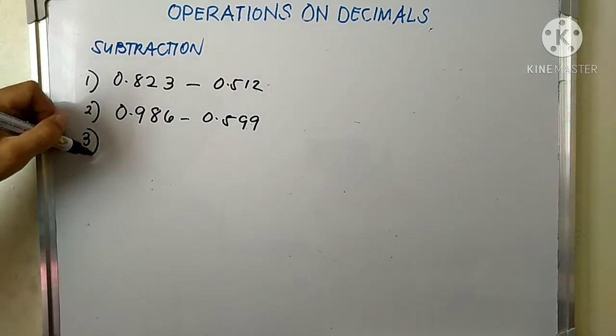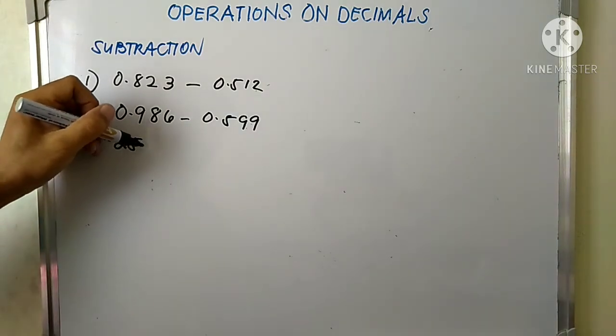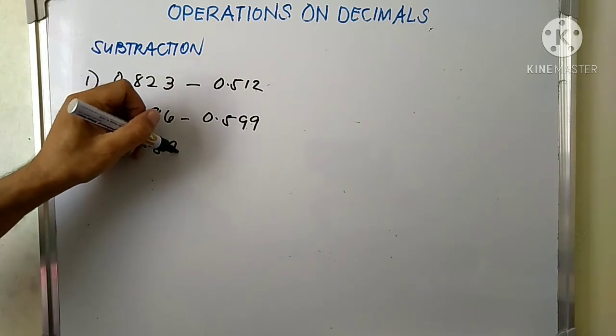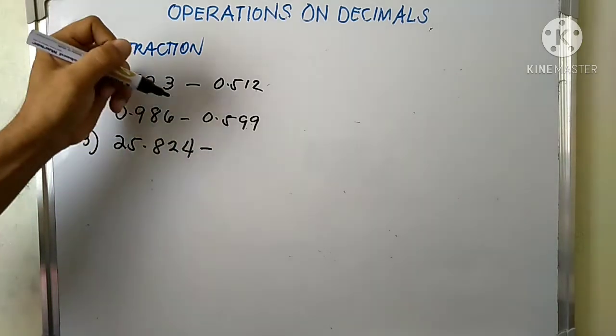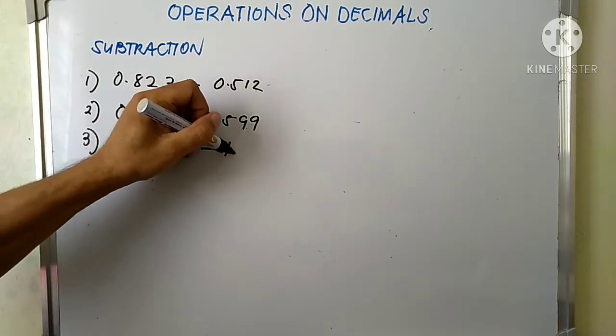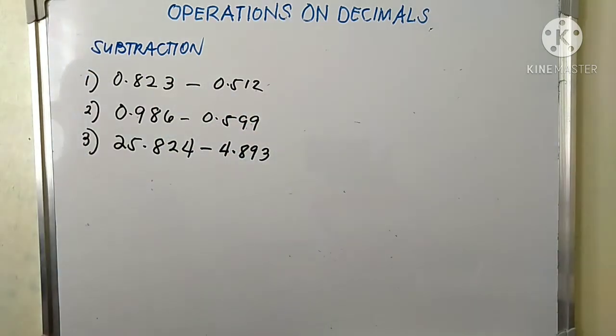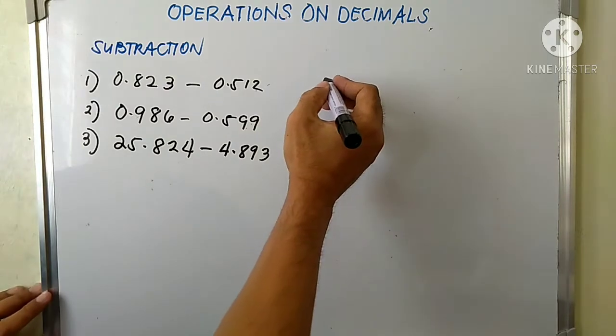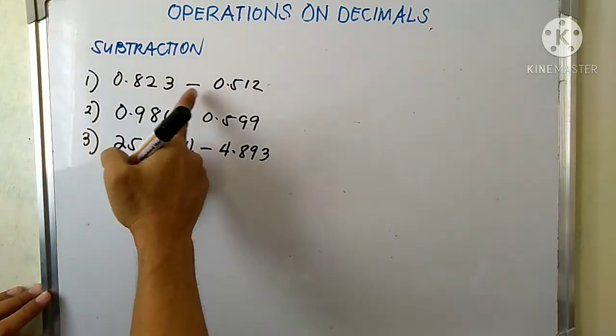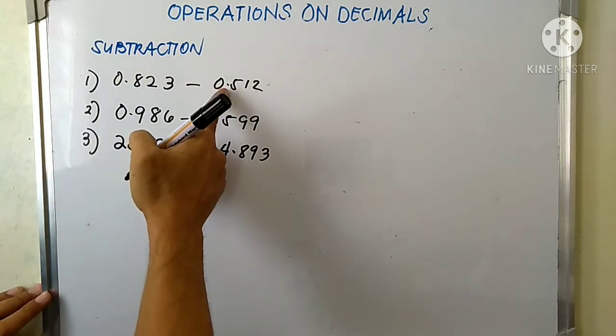And number 3, we have 25.824 minus 4.893. So to subtract this one, we have to arrange this vertically and align all the decimal points.